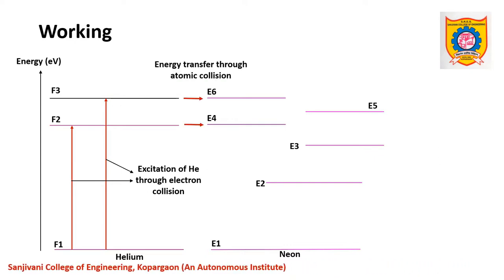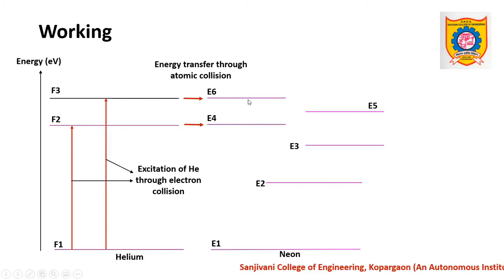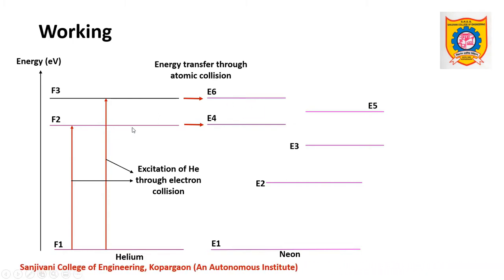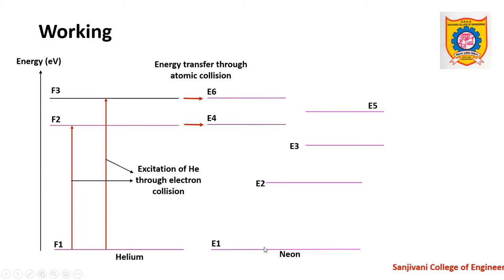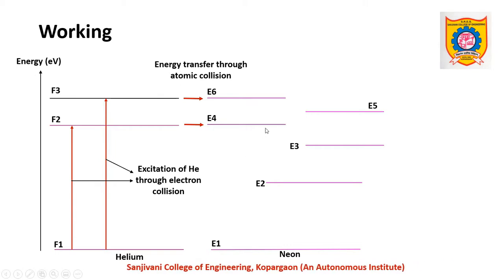So this inelastic collision results into energy transfer. So the electrons which are in the state F3 shift neon to E6, and that from F2 will shift it to E4.